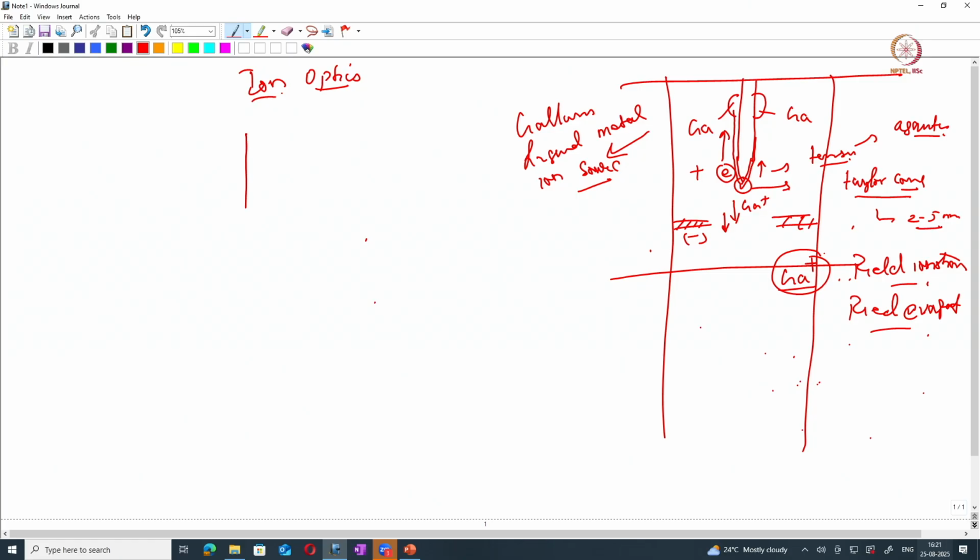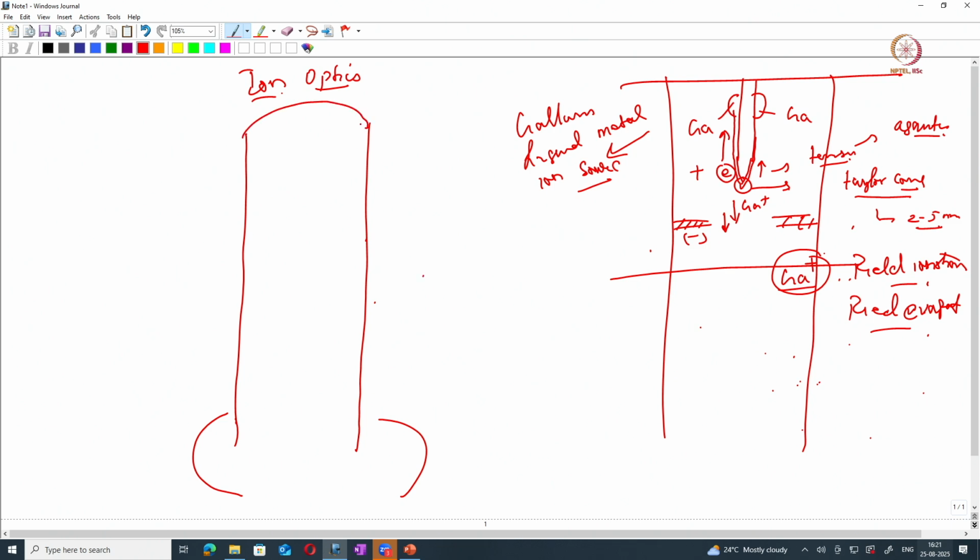As we had drawn in the last class also, this is your cross section, fine. So you will have an ion source, then a condenser aperture, then you will have a condenser lens.